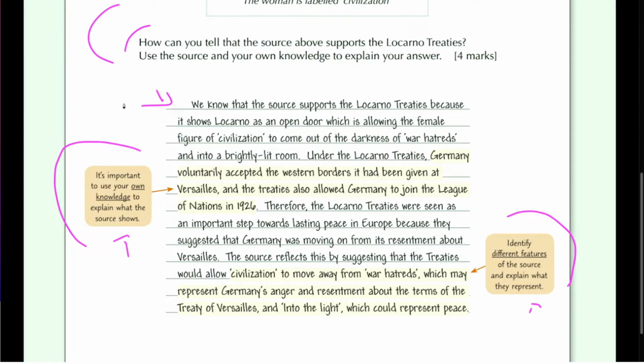Under the Locarno Treaties, Germany voluntarily accepted the western borders it had been given at Versailles, and the treaties also allowed Germany to join the League of Nations in 1926. And then we continue: therefore. This is a very important word. If you don't remember the meaning of therefore and how we use it, check it in the dictionary and look for yourself. I don't want to give you the answer here because I think I have told you that before.